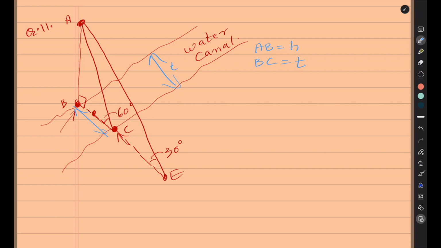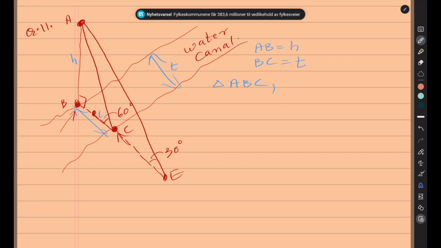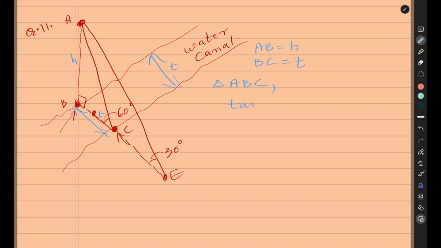Now here we can see that we have basically two triangles. One is triangle ABC. In triangle ABC we have two unknown variables, which we want to find, but we can relate them through this formula.